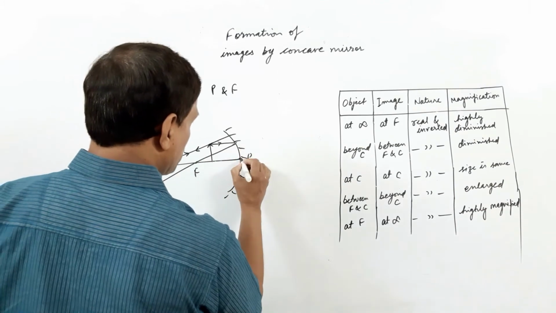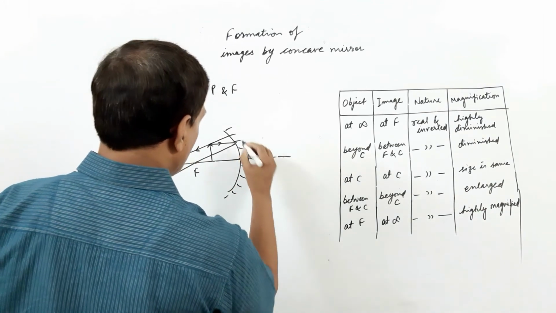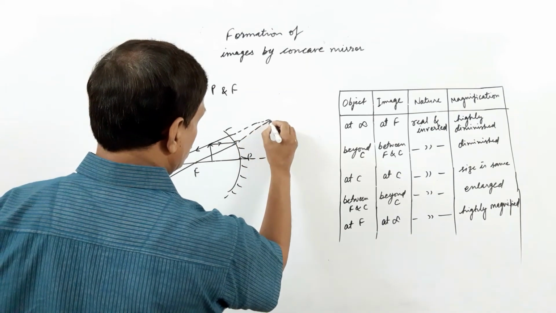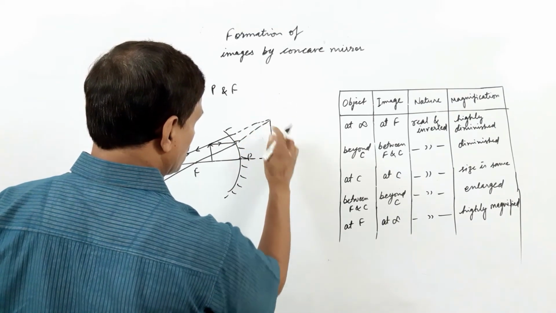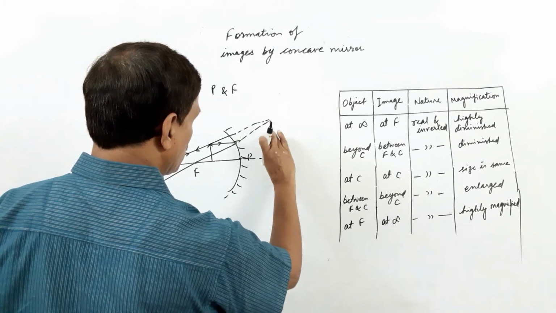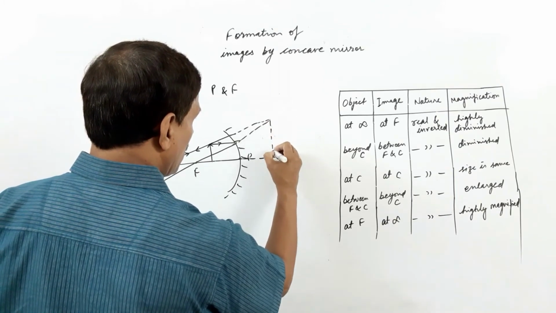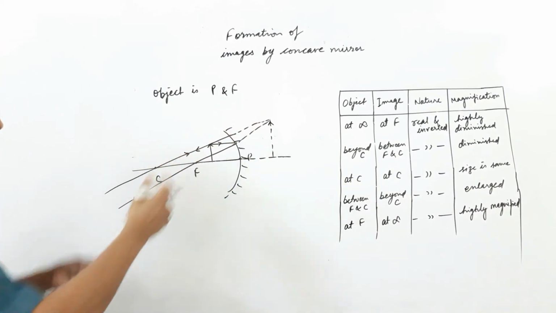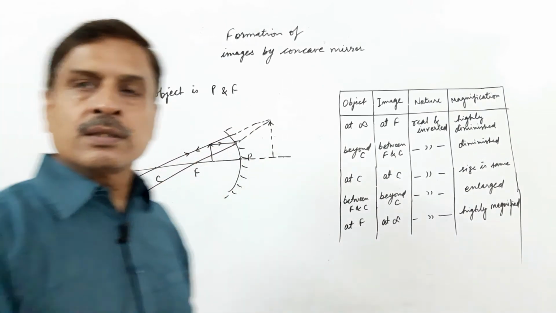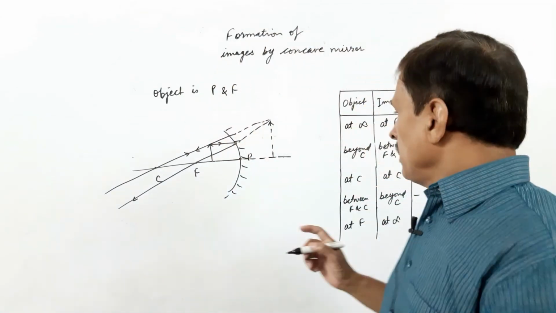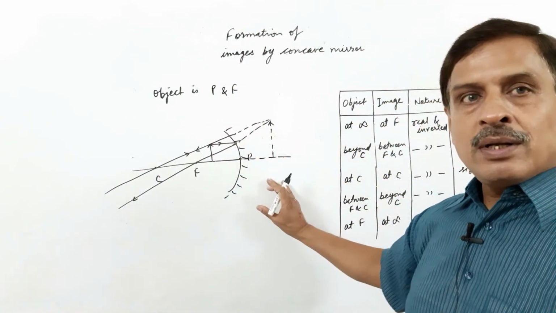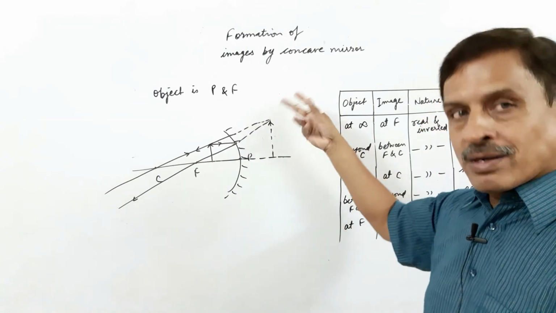If we produce the path backwards, the two rays appear to meet at a point behind the mirror. So in this case, the image is erect, virtual and enlarged.